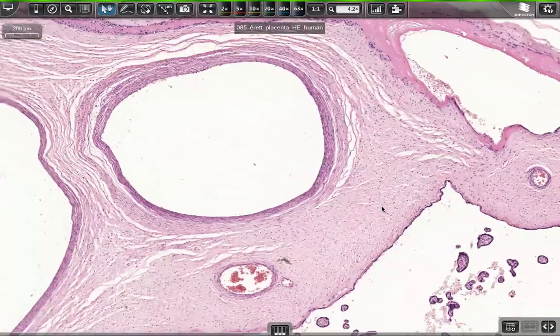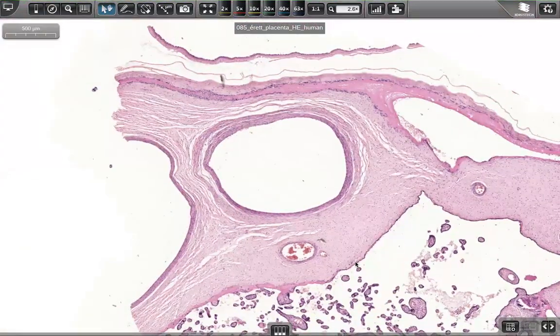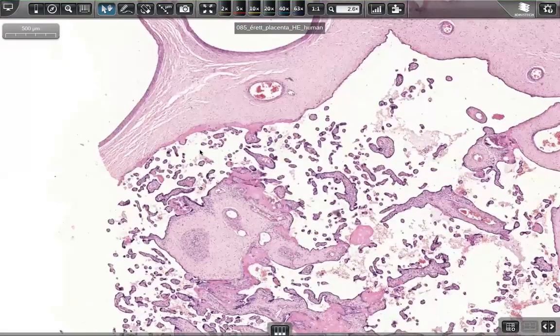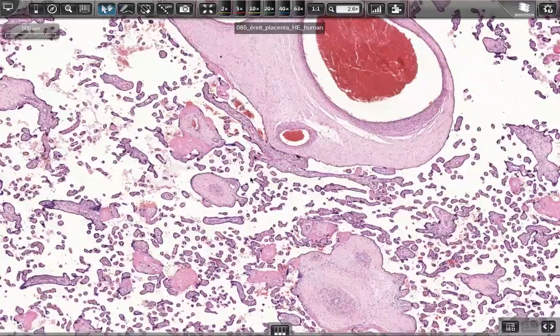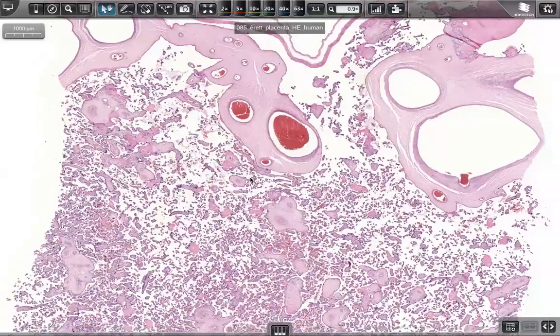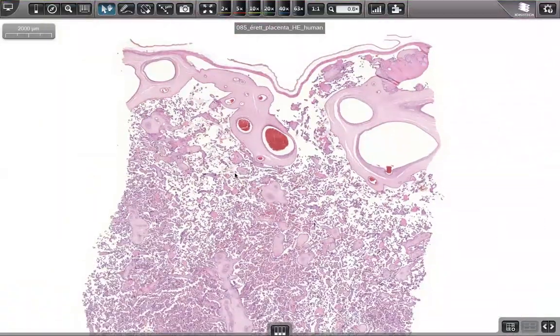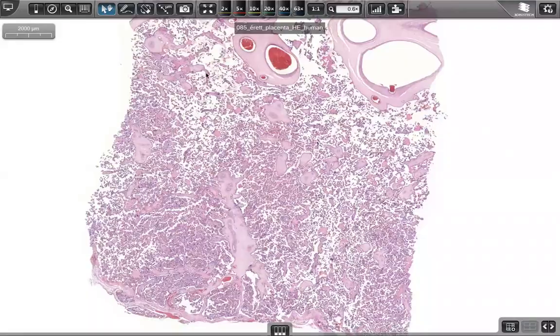And from the chorionic plate, chorionic villi start to grow toward the maternal surface. I'll just zoom out. This area represents the cross sections, longitudinal and transverse sections of the chorionic villi.